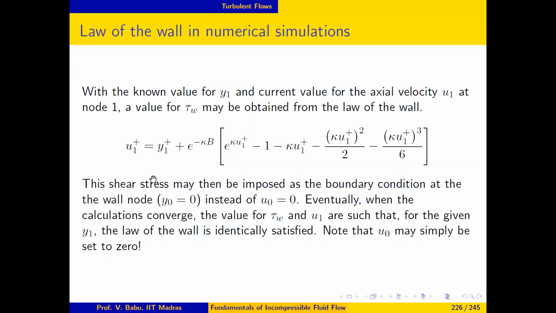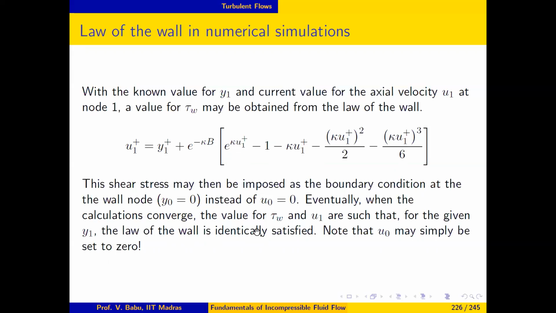Then I impose this wall shear stress as my boundary condition on the wall rather than u equal to 0. We carry out the calculation one more time, get a new value for the velocity at the first node, and repeat this procedure. We get a new value for the wall shear stress, and we keep doing this.